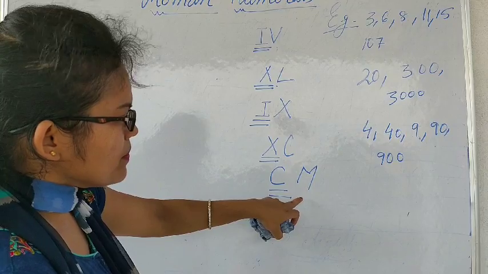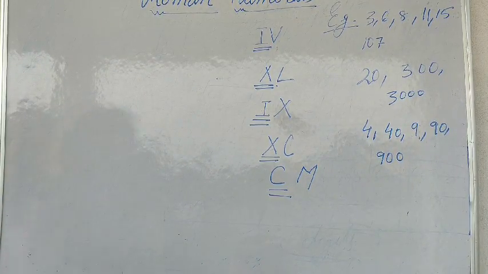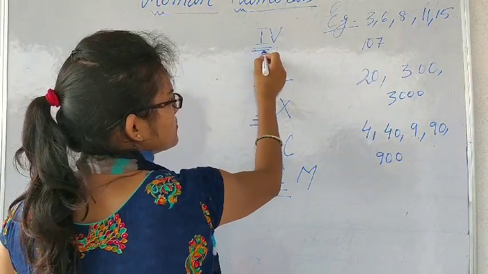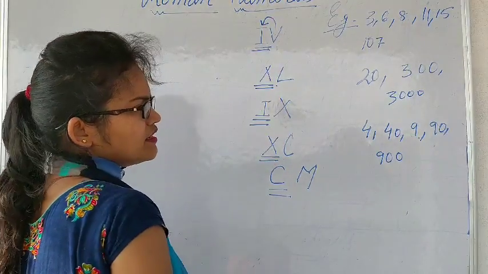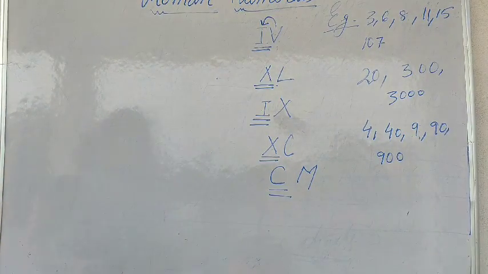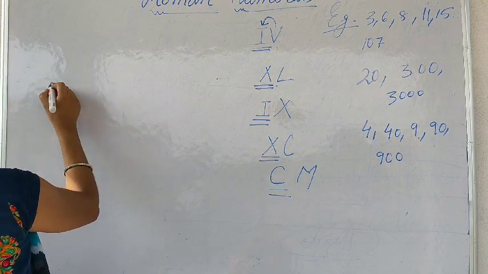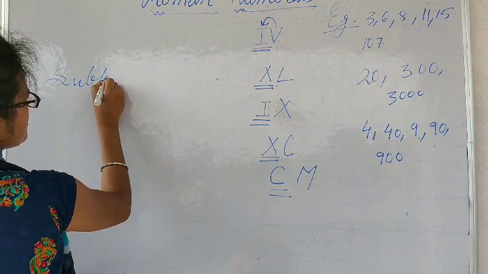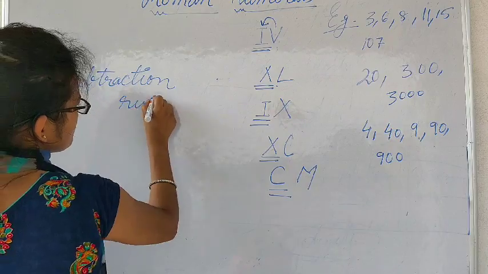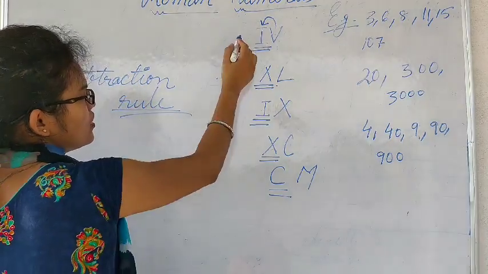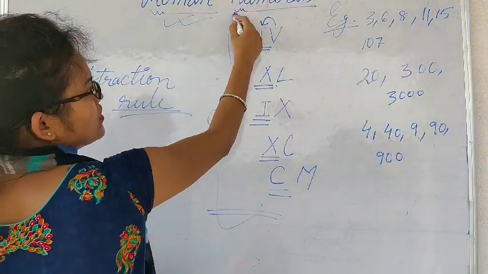And from 1000 and 100, 100 is smaller. What can we observe here? The smaller number is on the left hand side of the greater number. So whenever we find this criteria, we'll use subtraction rule. By using subtraction rule, we can convert these numbers into Roman numerals.